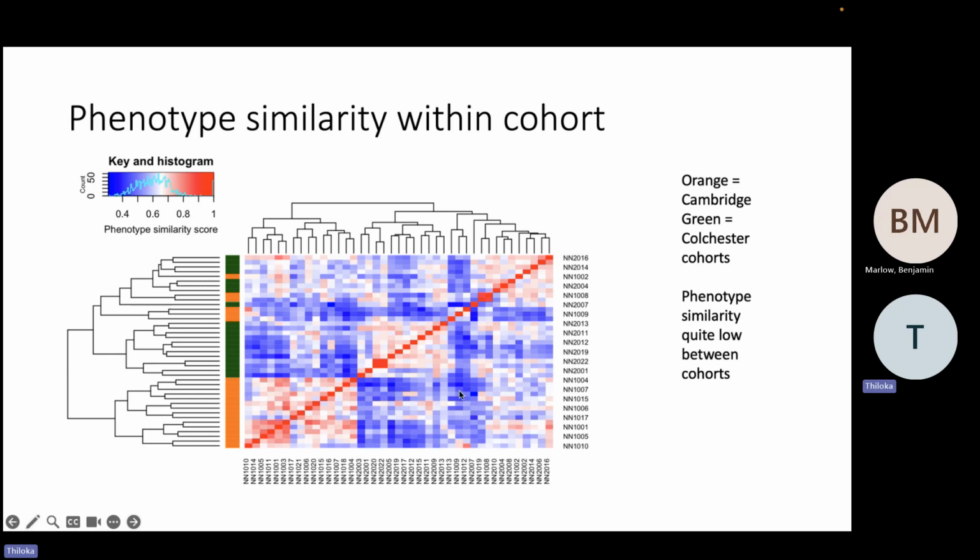When there are these big blue patches, that's essentially saying that there's quite a low phenotype similarity score between patients, and the cohorts therefore don't seem to cluster that well. But I haven't applied any statistics here because we have quite a small sample set. But visually you can see that there are some clusters and there are clear differences between the cohorts.